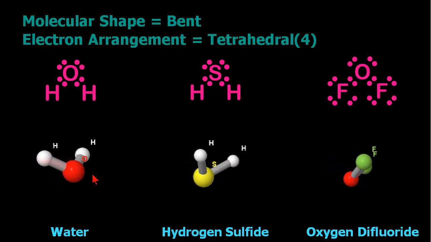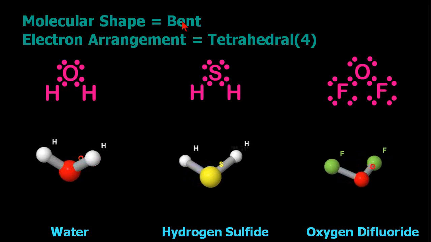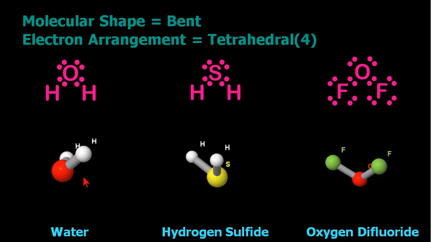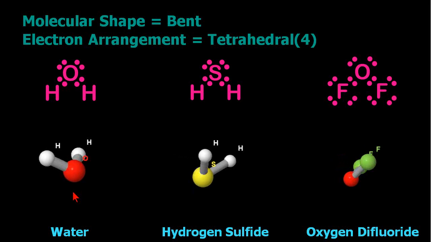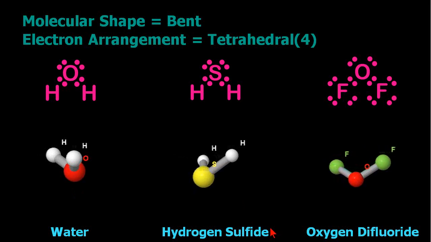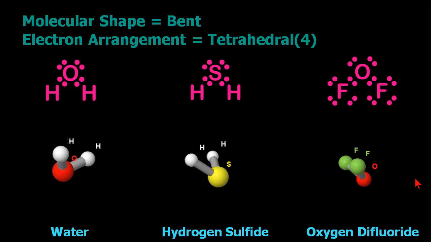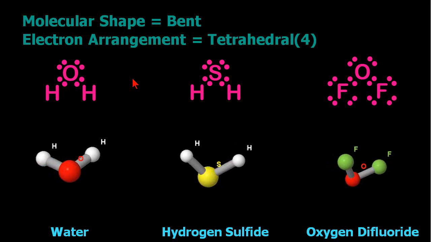And most important, we have the water molecule, which is a polar bent shape, and it behaves how it does because of its polarity and its shape. We also have hydrogen sulfide and oxygen difluoride, and we have all the associated Lewis dot diagrams.